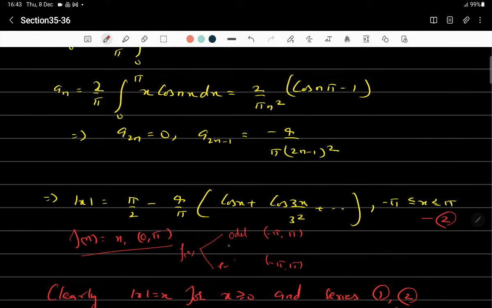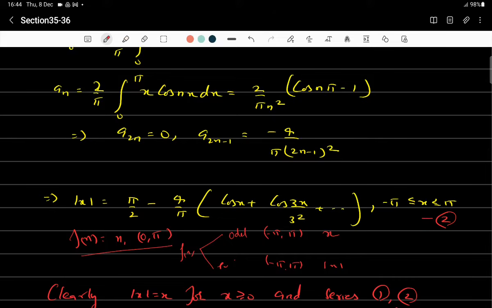So when you have to write it as an odd function, you consider f of x is equal to x, that gives you the sine series, and you write mod x, that gives you the cosine series. So this is a very important concept. This is how we write the sine series and the cosine series.